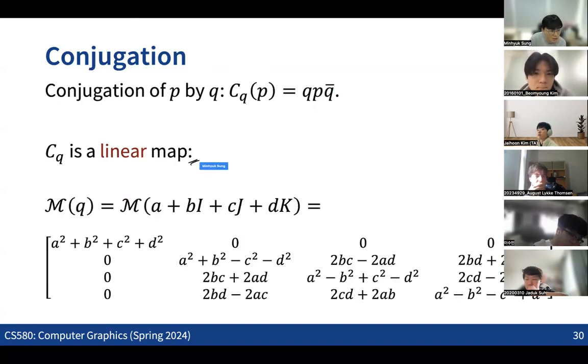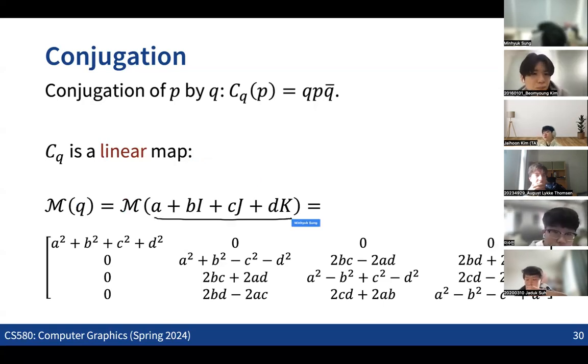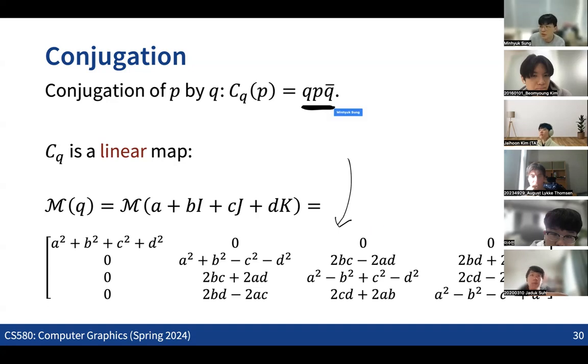Given the quaternion q, which has this form, if you make a 4x4 matrix, and you represent the quaternion P in a vector form, then multiplying by this matrix gives the output of the conjugation. So you can see how we can derive this matrix from the definition of the conjugation.